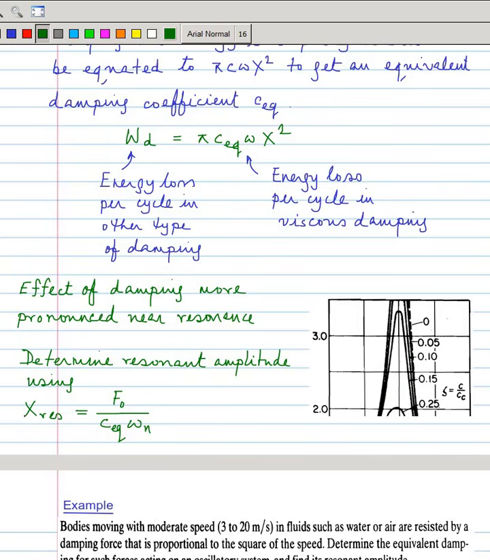So if we can calculate the amplitude at resonance by this approximate method with reasonable accuracy, then it will be of much use, because damping is more pronounced near the resonance. If we can find the resonant amplitude reasonably correctly by this approximate damping coefficient, then this approximation is of use.